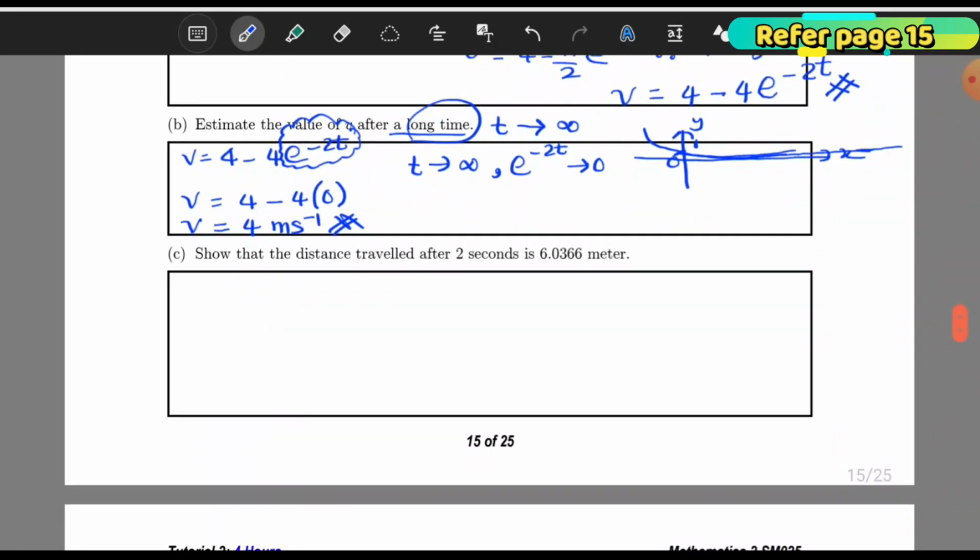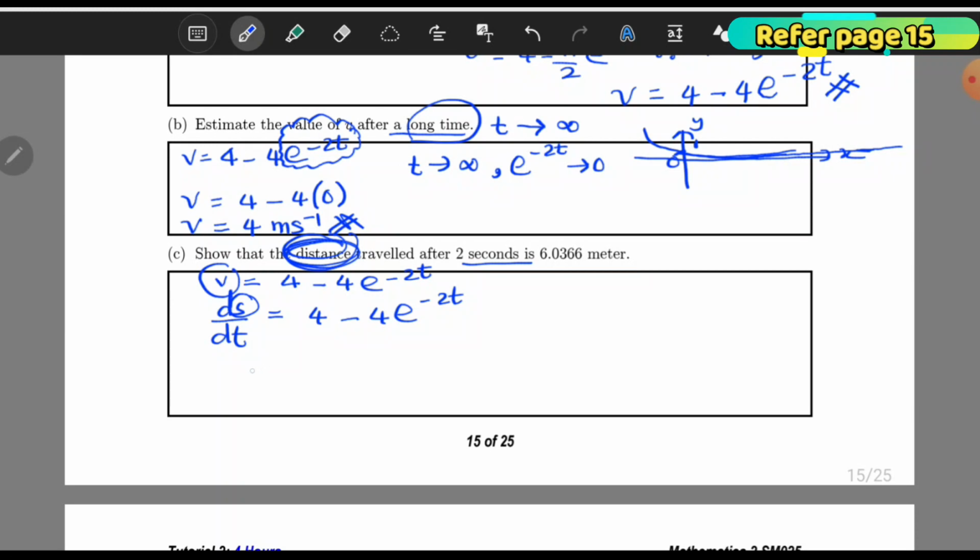And the last one. Show that the distance traveled after 2 seconds is 6.0366 meter. We know that v equal to 4 minus 4 e to the negative 2t. And v is ds/dt. So ds/dt is 4 minus 4 e to the negative 2t. The distance here refers to your s.